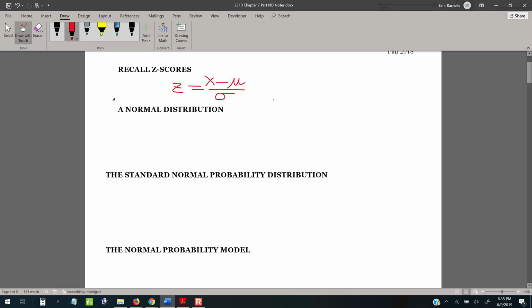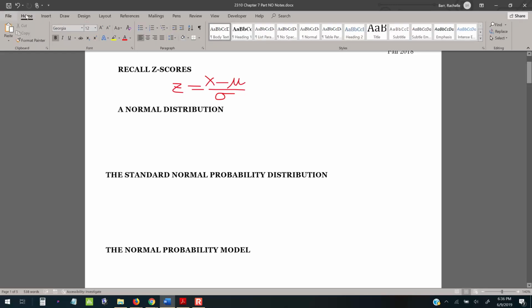And we always thought of the z-score as the number of standard deviations a value like x was away from the mean. So it was a way of measuring how unusual you were because it was telling us how far from average you were. And remember, the larger it was, the further it was from zero. The standard deviation, the average distance from the mean, is like our unit of how far we are on the ruler, and the z's are like the ticks on the ruler for how far you are away.